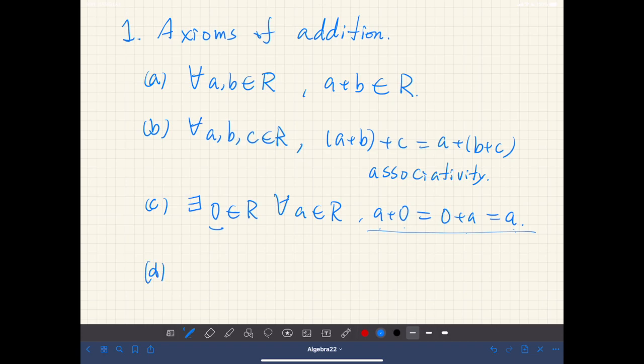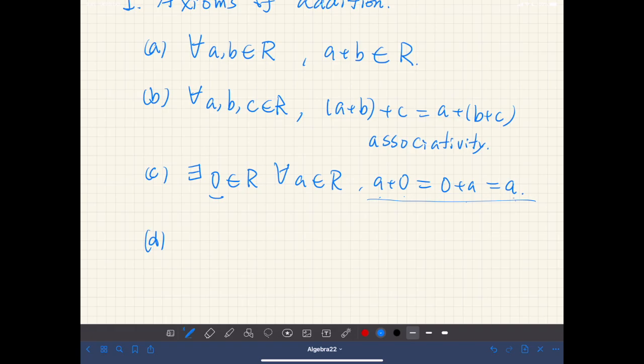And D: for any element a, there exists an element called negative a in R such that a plus negative a is equal to negative a plus a is equal to 0.